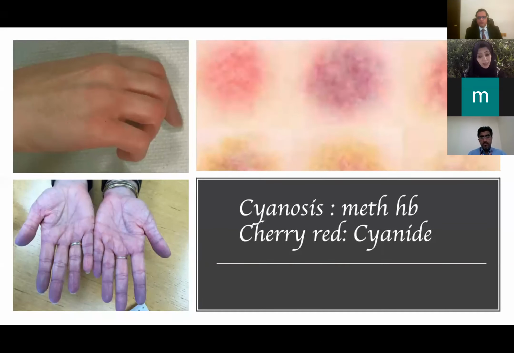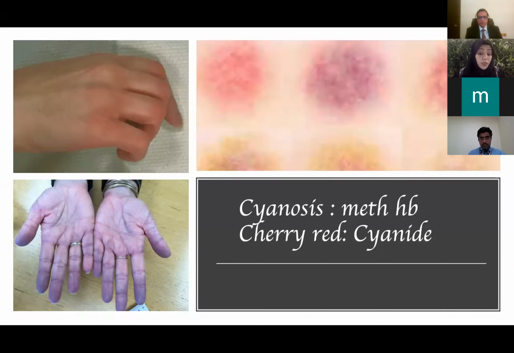On the other hand, we call a patient cyanosed, or cyanosis, in one of two situations. And please keep in mind, anemia does not have anything to do with cyanosis. If you have low hemoglobin, you're not blue. And if you're hypoxic also, you're not blue.